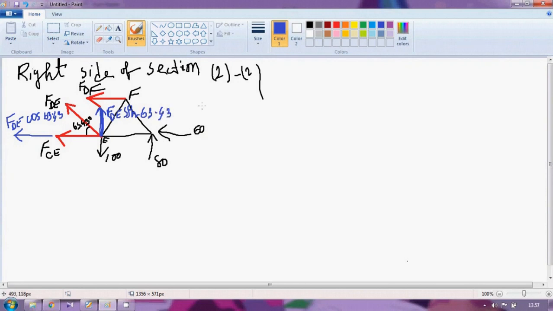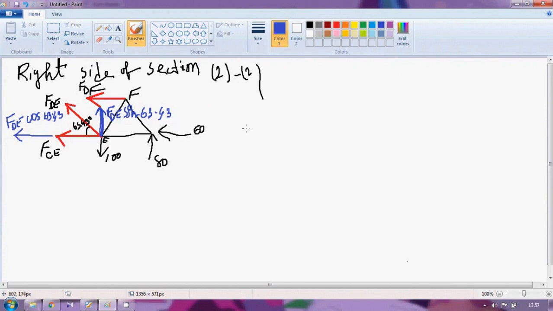I have taken the perpendicular component and the horizontal component in such a way that the angle between the perpendicular component FDE sin 63.43 and the horizontal component FDE cos 63.43 is exactly 90 degrees. Okay, perfect.